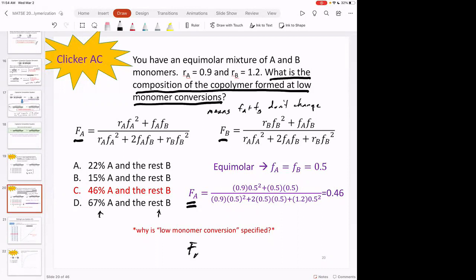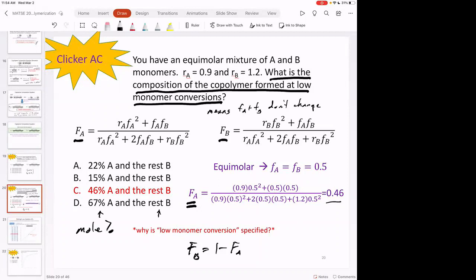Fb equals 1 minus Fa in a binary system. Don't forget about that. Okay, so equimolar, Fa and Fb is 0.5. We substitute in all the reactivity ratios, and we just get straight up Fa is 0.46. So what does that mean? That means that the mole fraction of A is 0.46, or it's 46 mole percent.